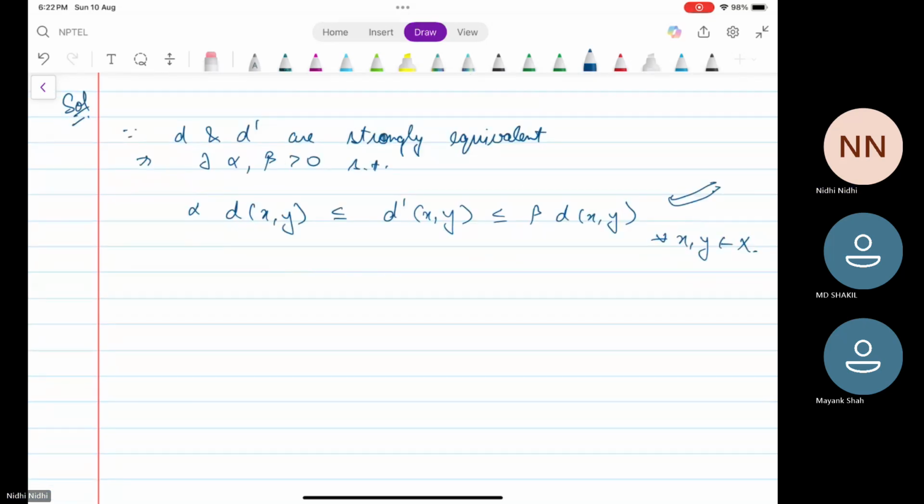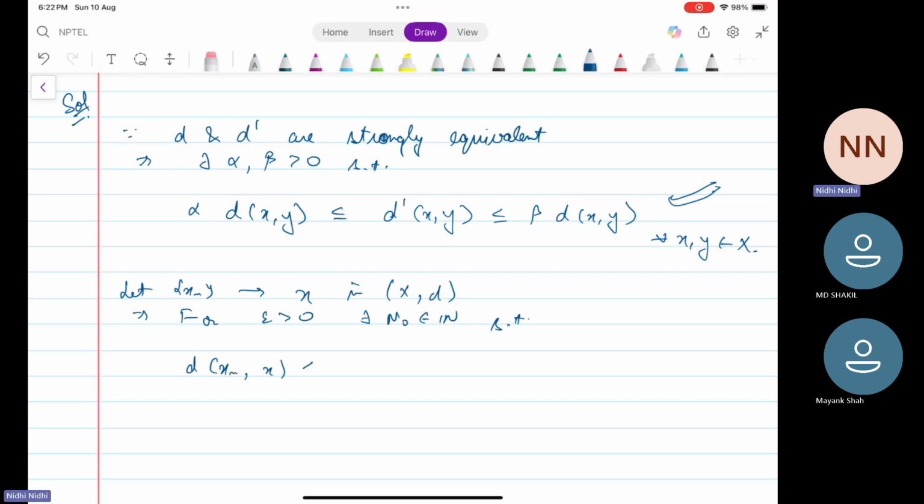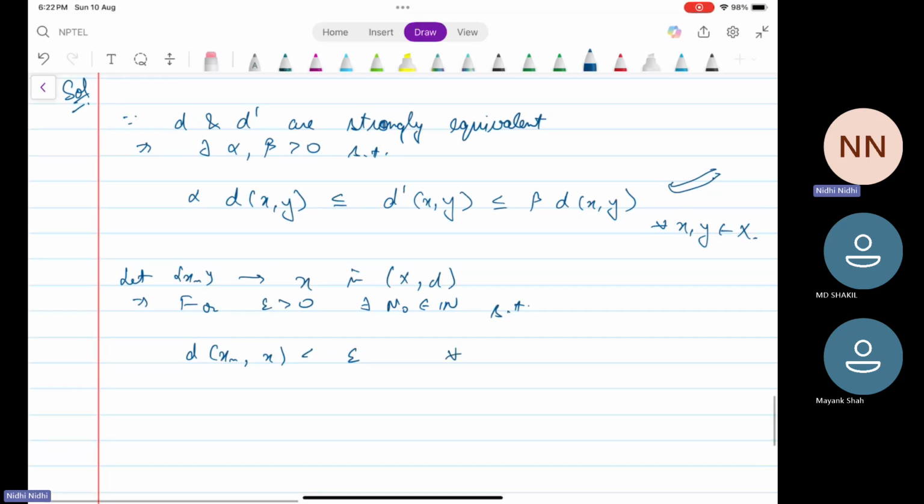So let x_n converge to x in (X,d). This implies for epsilon positive, there exists some n naught in N such that d(x_n,x) is less than epsilon. We'll change this epsilon accordingly for every n greater than or equal to n naught.